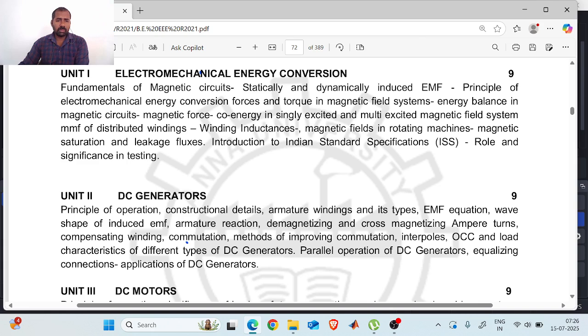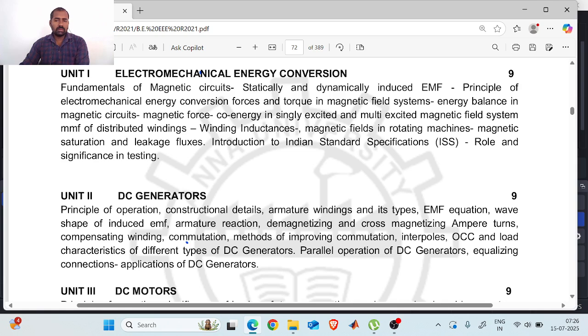In this you will study the fundamentals of the magnetic circuit and how the EMF is induced. They have categorized it into two types, statically and dynamically induced EMF. We will see what exactly it is, and the principle of electromechanical energy conversion. Forces and torque in magnetic field systems, everything we will see, and we will see the excited systems.